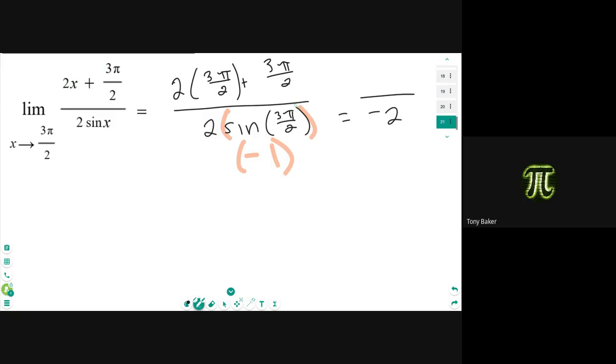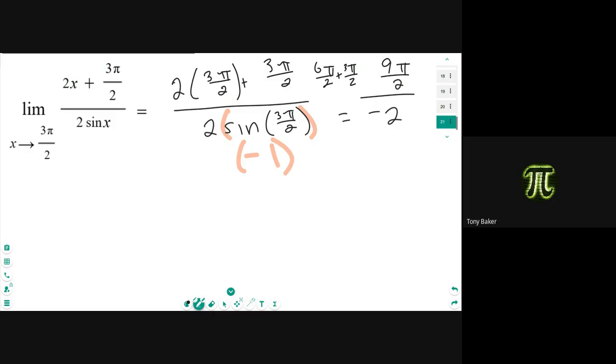What about the top? So what I would do is I would not cancel those out. I would not cancel that and that out. I would just do 6 pi over 2 plus 3 pi over 2, which gives me 9 pi over 2.